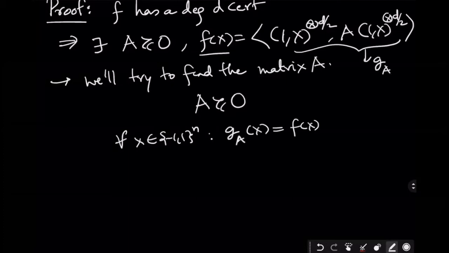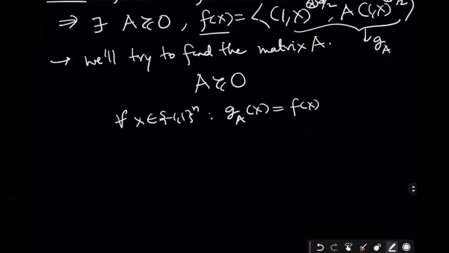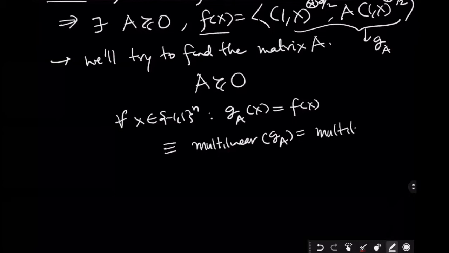Last time we observed that this is equivalent to saying that if I do a multilinear reduction on G sub A, writing down the multilinear polynomial by reducing any monomial to its multilinear version, then the multilinear version of G_A equals the multilinear version of f.